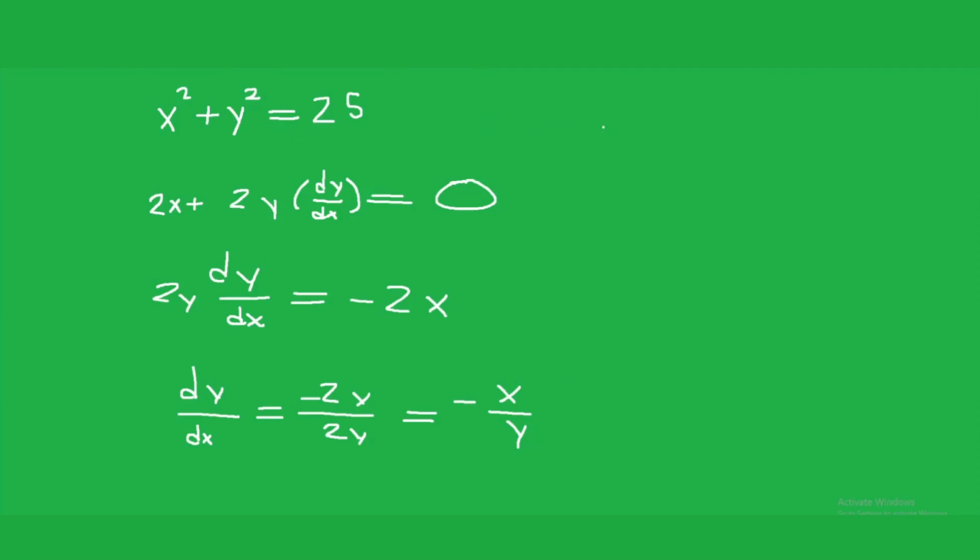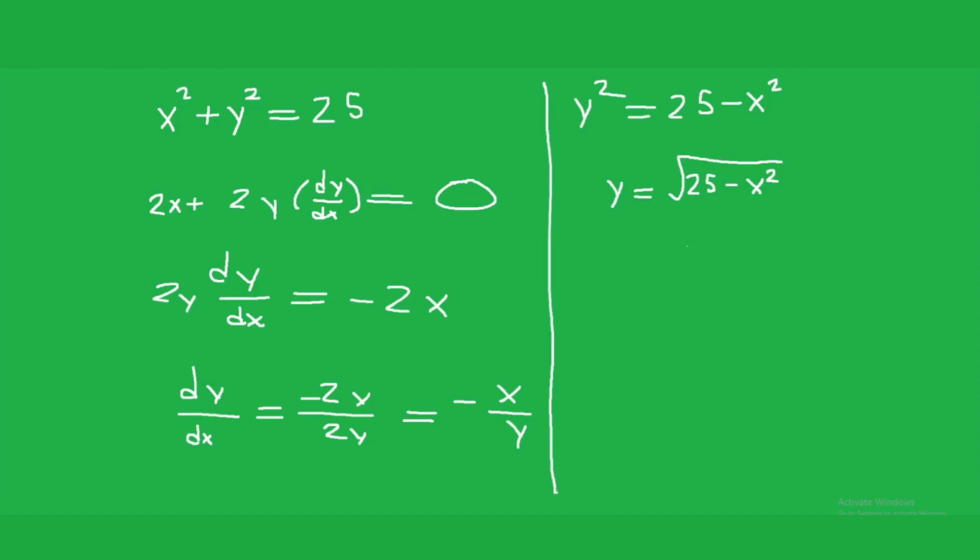You could say y squared equals 25 minus x squared. I'm just rearranging this original formula right here. And then if I solve for y, I'd get y equals, taking the square root of everything, the square root of 25 minus x squared.